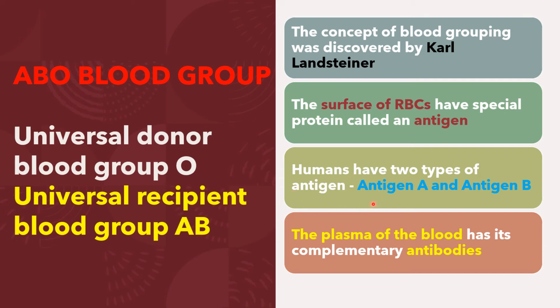Antigen A is present in blood group A. Which antibody can you see in that blood group? You can see anti-B antibody, because blood group A contains antigen A.